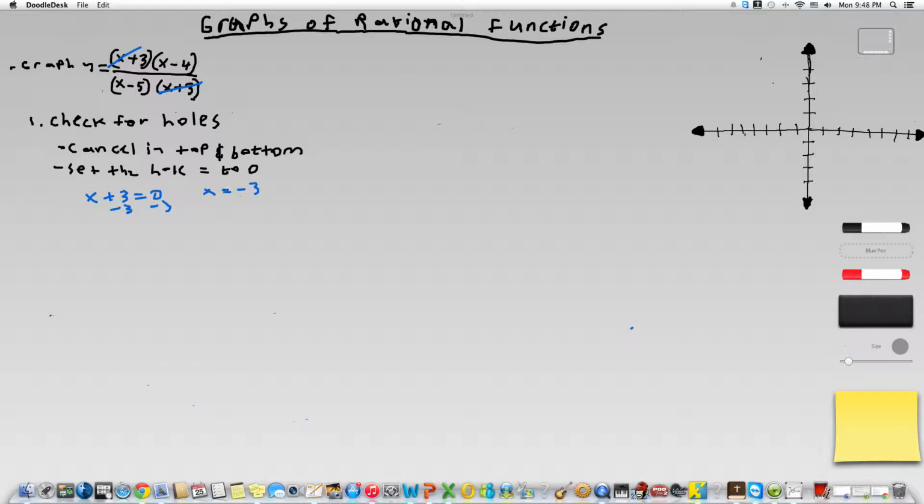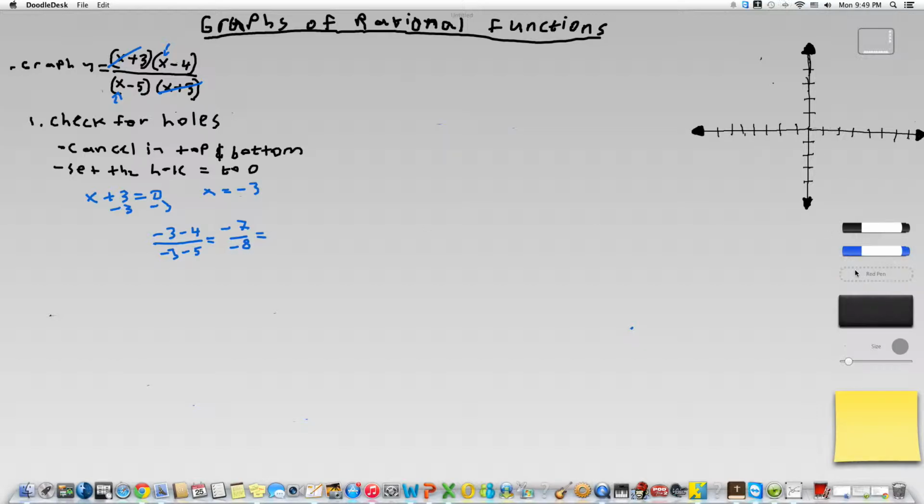And then we're gonna plug in x for here. So we're gonna plug in negative 3 for x minus 4, negative 3 for x minus 5. And we're left with negative 7 over negative 8.